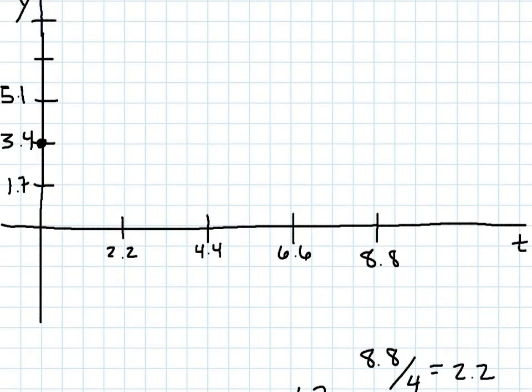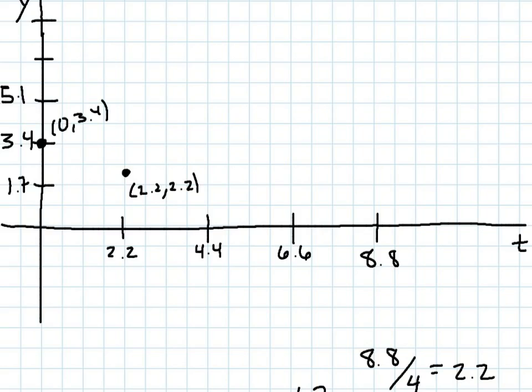Then we would go down 1.2, so that'd be 2.2. Now let's label this point just so we have it here, so you're not confused on what it should be. So it should be 2.2, comma 2.2.